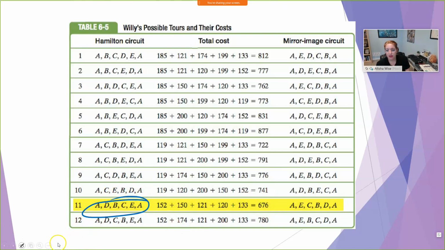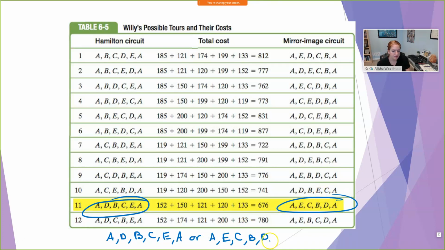Right here. That would mean that A, D, B, C, E, A, or the mirror image, A, E, C, B, D, A, are the optimal tours. So that would be our conclusion. Those two Hamilton circuits would be the optimal tours.